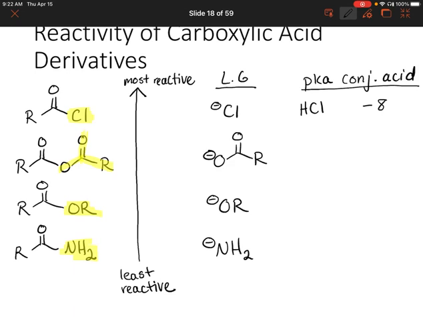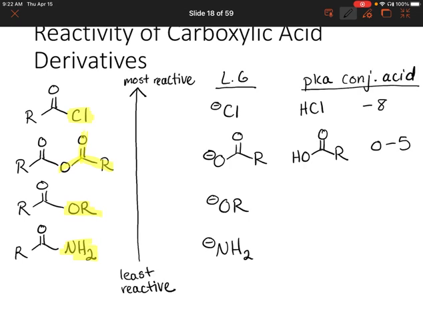So let's go to the anhydride. Its leaving group is a carboxylate. So that's the conjugate base of a carboxylic acid. And remember, we said that the pKa of carboxylic acids is around 0 to 5, depending on what that R group is on the right.